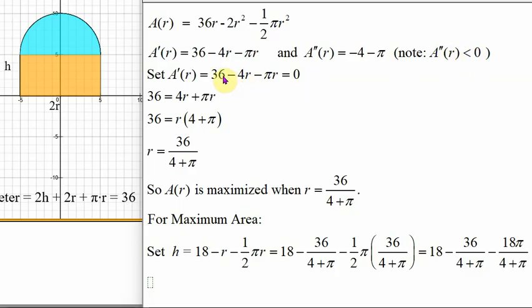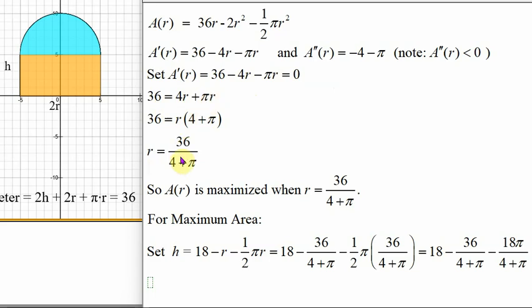Now to find r such that the area is maximized, we set the first derivative equal to 0. Moving these two terms to the right, we get 36 equals 4r plus pi r.